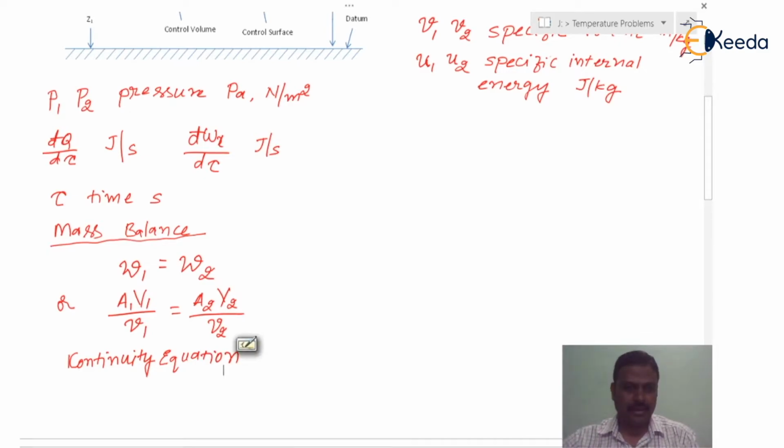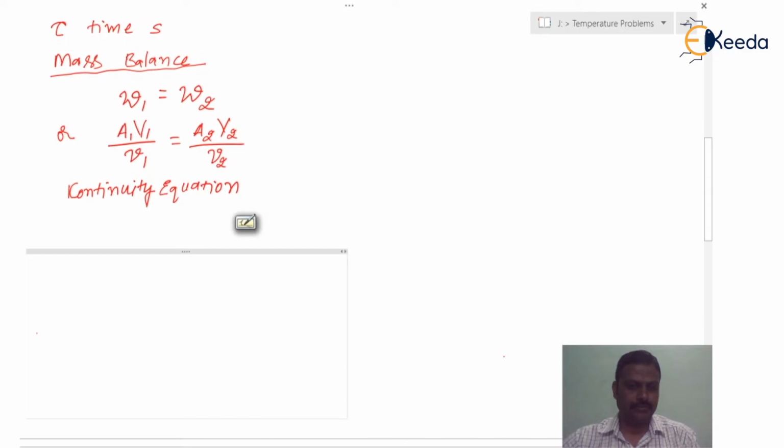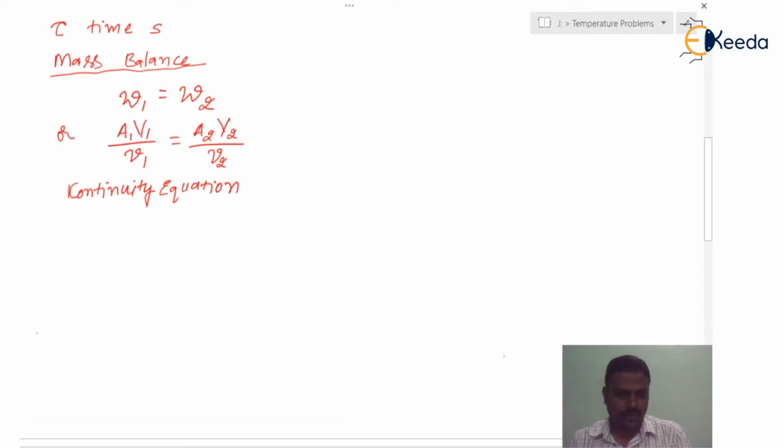Then after mass balance, let us do energy balance.